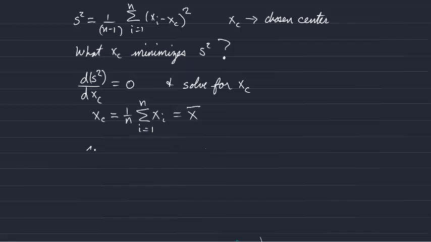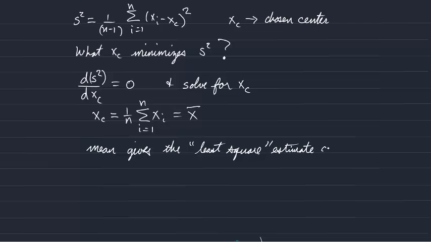So the mean gives the least squares estimate of the central location, or the L2 estimate for short.